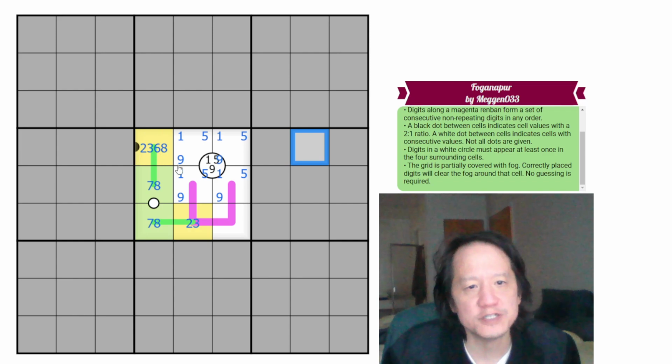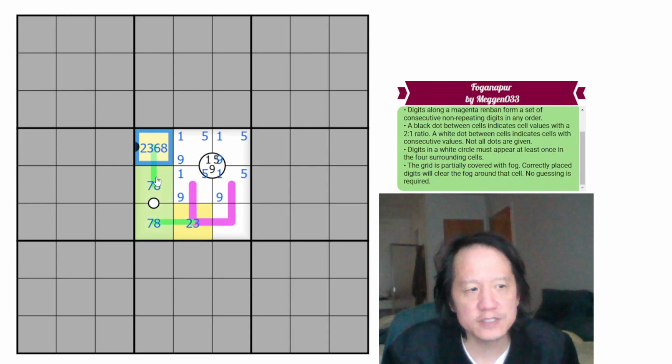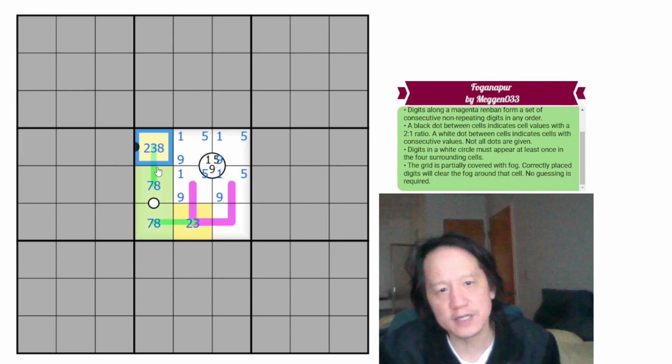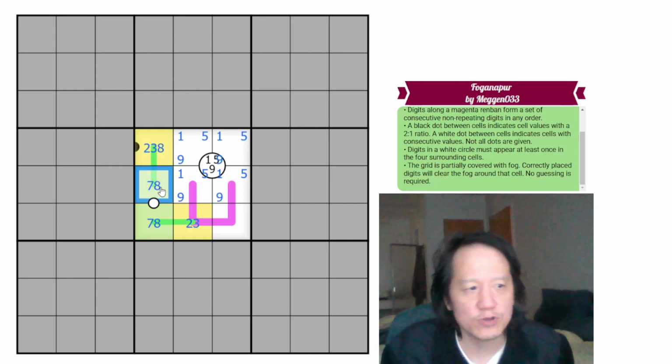So that makes it easy. This is box 5 for us. So if this is high, it cannot have a 6. It has to specifically be 8, and it has to be with 2 or 3.